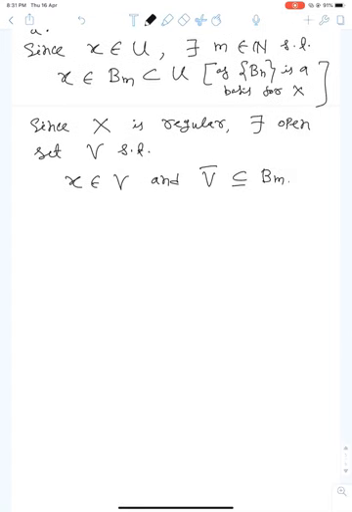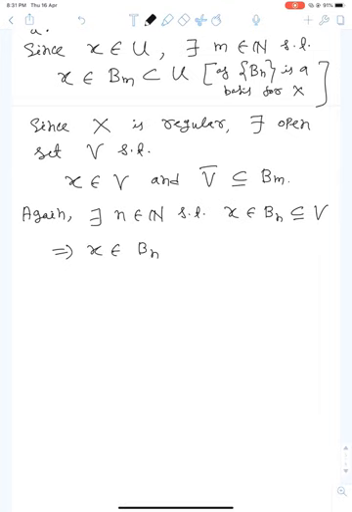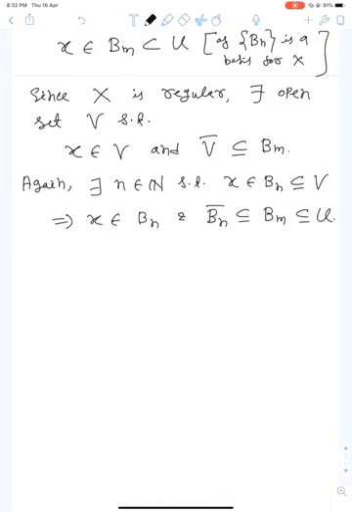Again we use the property that the collection Bn is a basis: there exists a natural number n such that x belongs to Bn, a subset of V. That implies x belongs to Bn and the closure of Bn is a subset of Bm, and Bm is a subset of U. So we have such a pair, the closure of Bn subset of Bm.